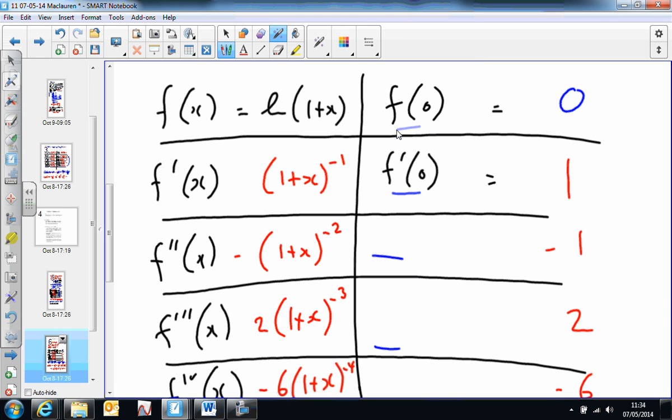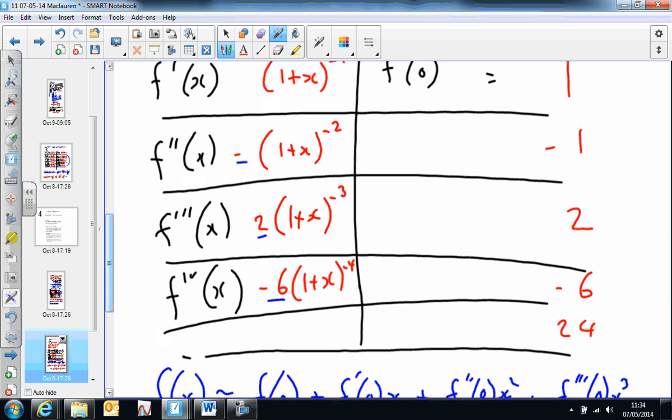So, the first one, the log of 1 is 0. The second one, the first differential, if I let x equal 0, then it's going to be 1 to the power minus 1, which is 1. Here, if I let x equal 0, it's just 1 over 1 squared, which is just 1, with a minus sign. So it's going to be minus 1 for this one, plus 2, minus 6 for this one, and so on.